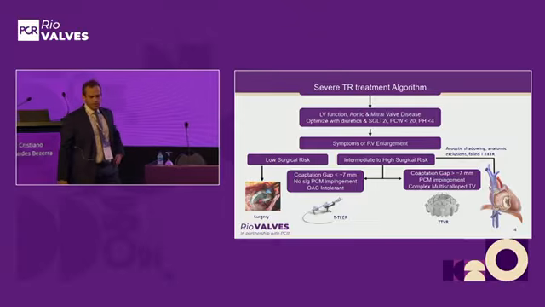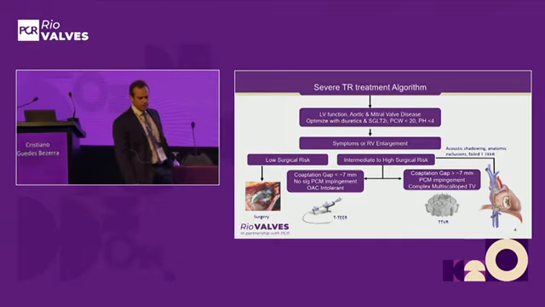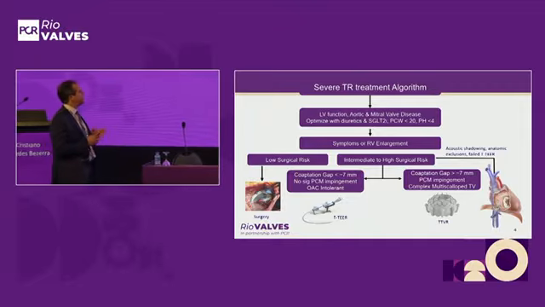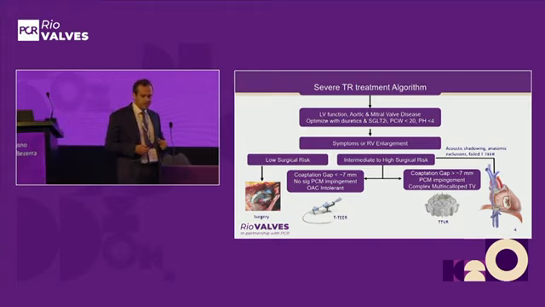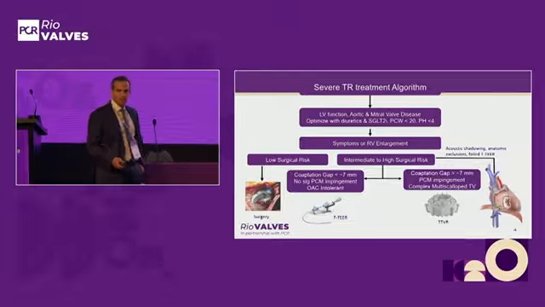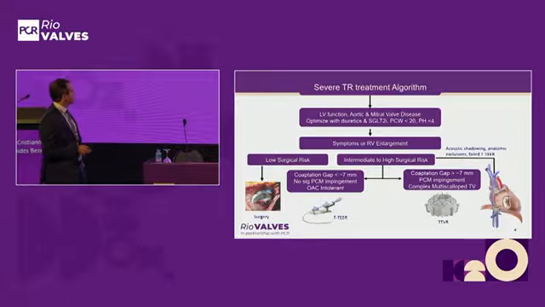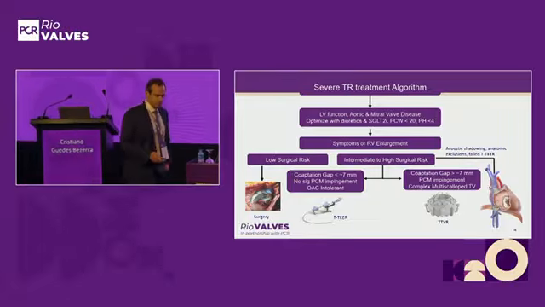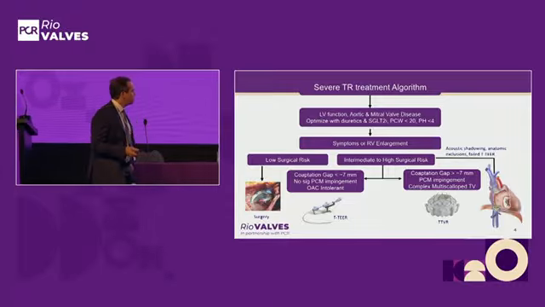So this is the severe TR treatment algorithm, one of the algorithms we have. We have to think about left ventricular disease, the surgical risk of the patient, the coaptation gap, whether the patient has a pacemaker, whether the patient can use anticoagulants, and choose whether the patient goes to surgery, TEER, orthotopic implant, or heterotopic implant.